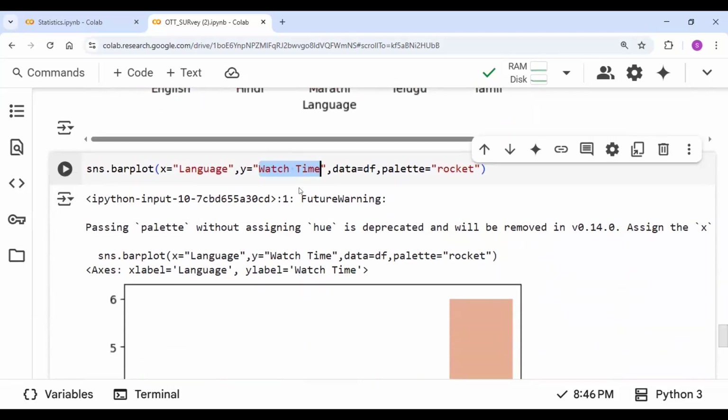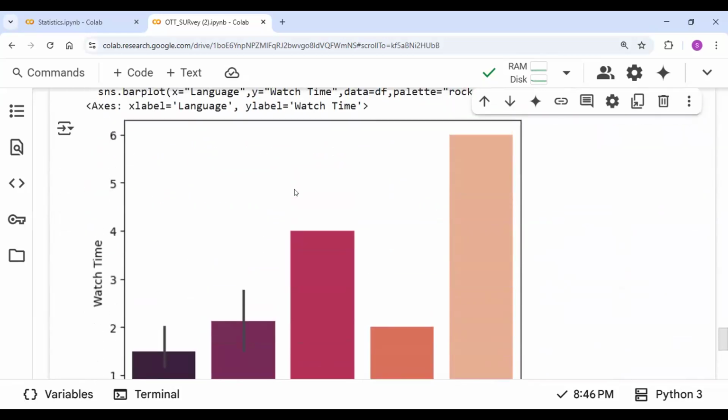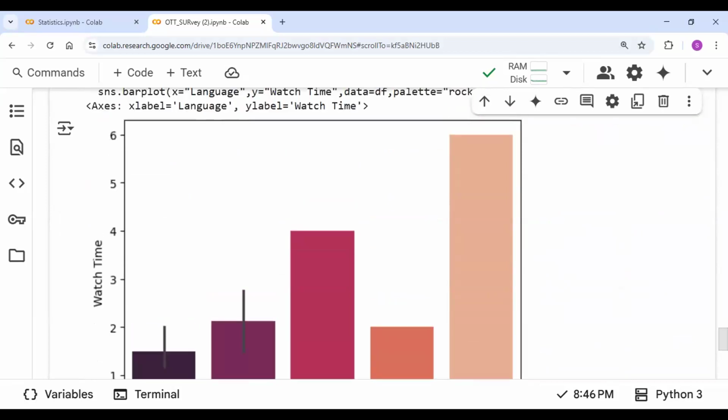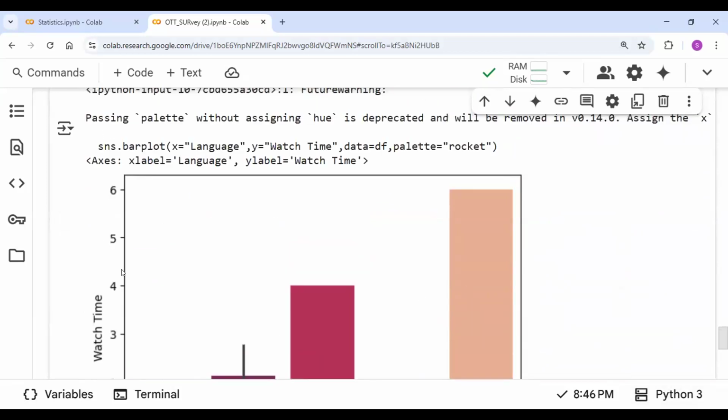So with respect to the watch time, you can interpret language with respect to the watch time. So Tamil, most watch time hours will completely have the Tamil language. They are watching for the maximum watch time hours.